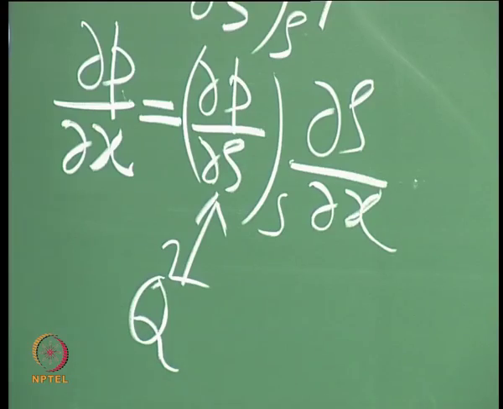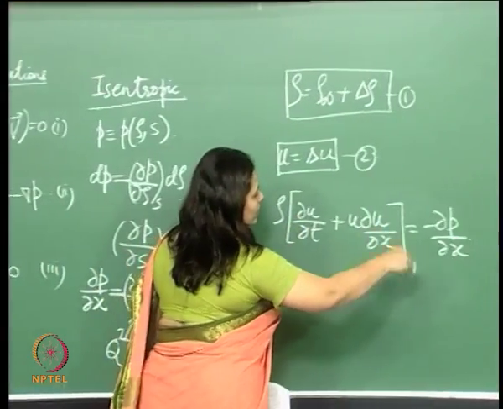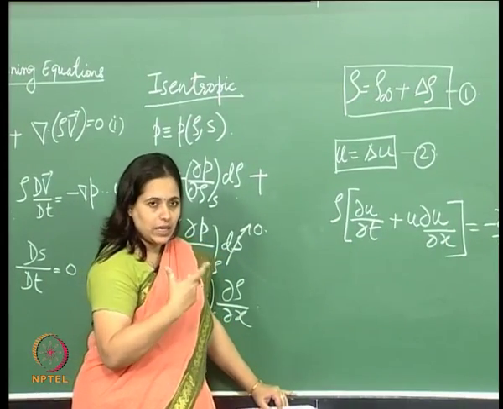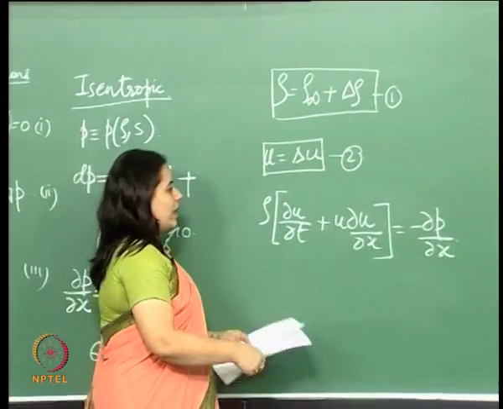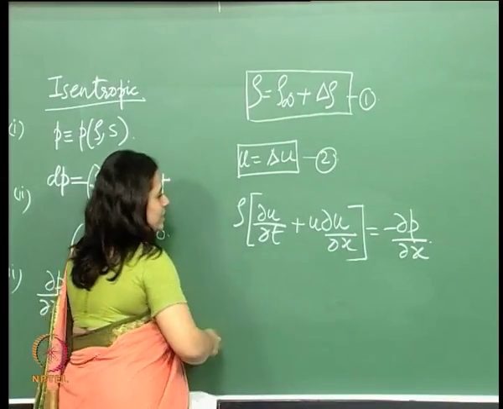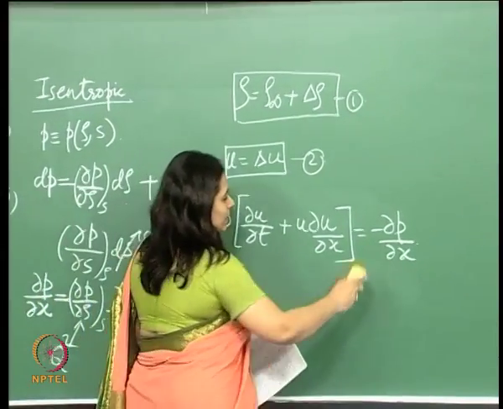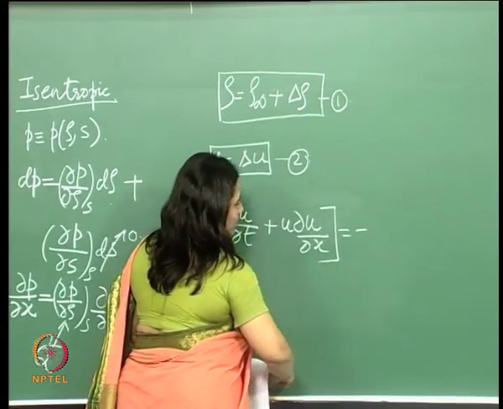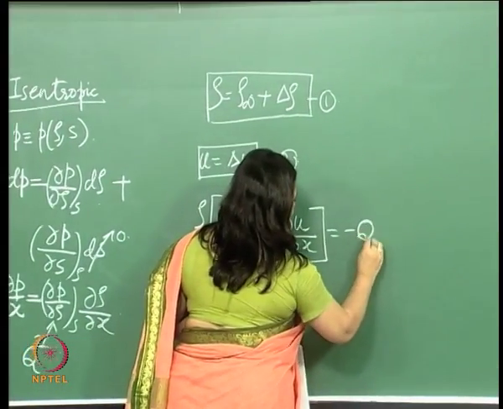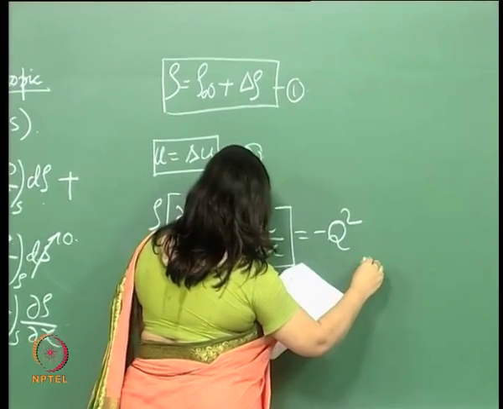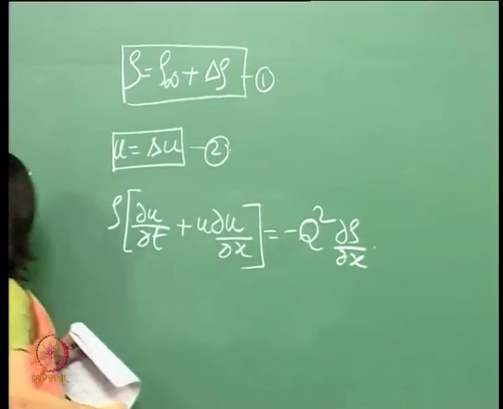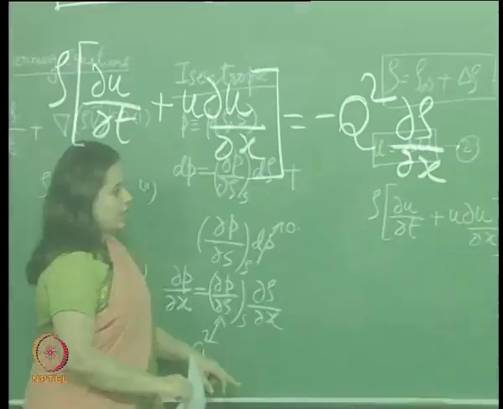In that case, this equation which we wrote out is the momentum conservation equation in the x direction. Then in this one I can replace del p del x by what we just found, q square del rho del x, right.